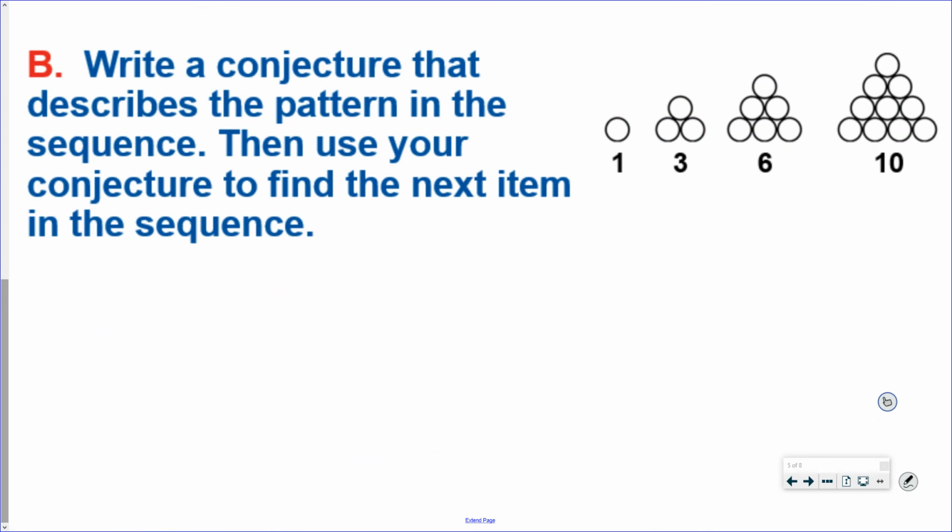Okay, take a look at them circles. For some patterns.